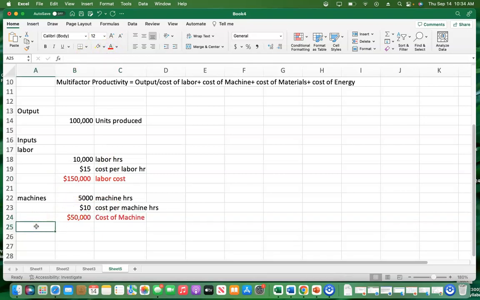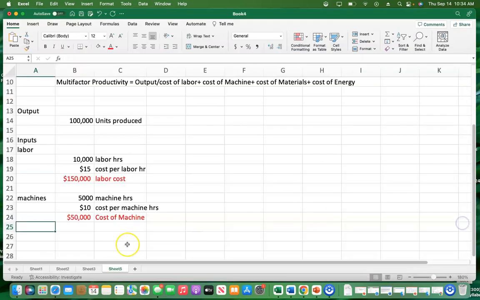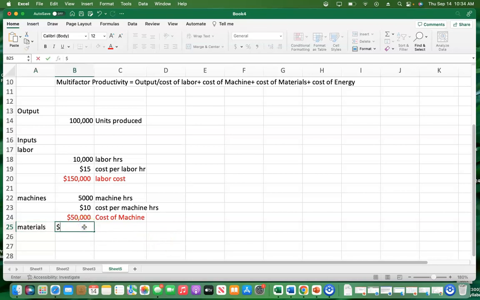And so in this case, let's see what other information we have. So we have the cost of materials and cost of energy, 35,000 and 15,000. So we have materials, which is 35,000, and energy, which is 15,000.